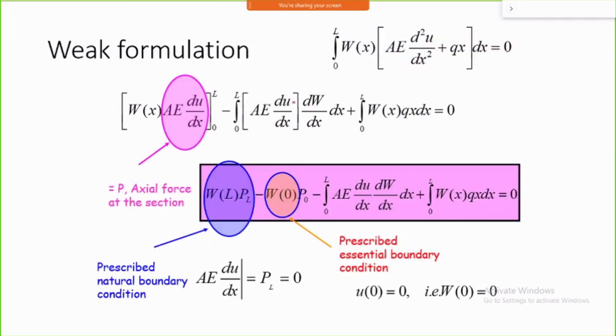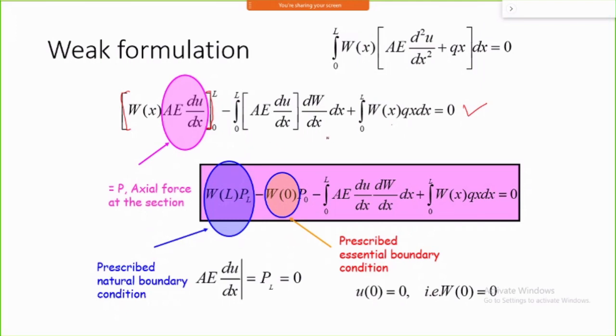Instead of d2u by dx square, we are substituting ae du by dx, and applying the integration by parts formula. So here 0 to L is one part of the integration. After integration, the rest of the integration is multiplying this, and then we got one equation here.